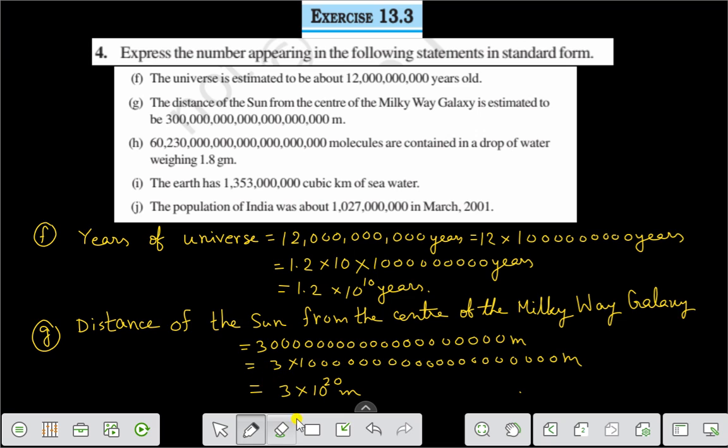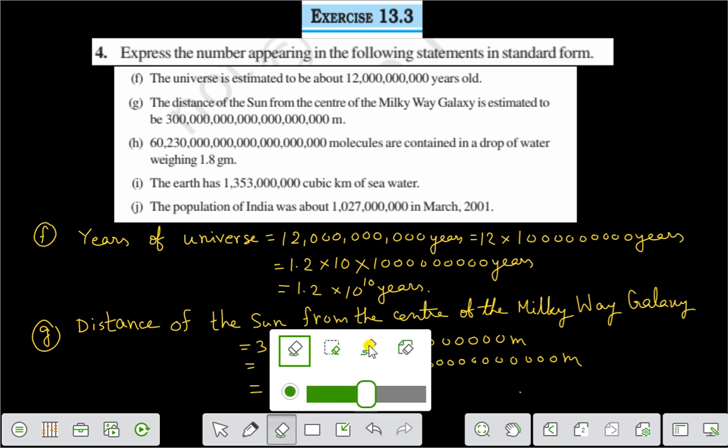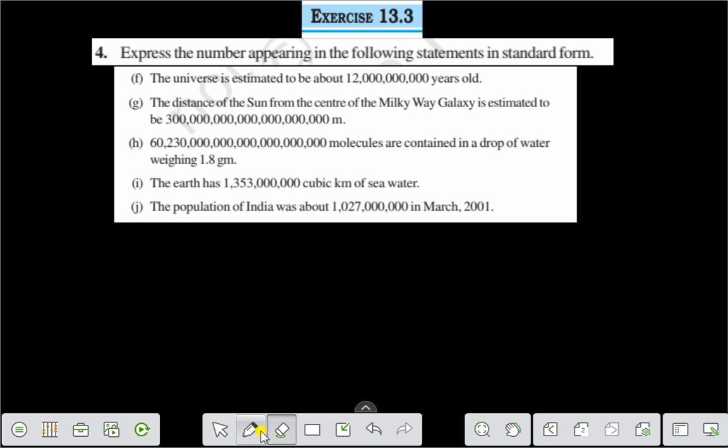We'll solve question number H. Here you see question number H is given as molecules contained in a drop of water weighing 1.8 gram, right?